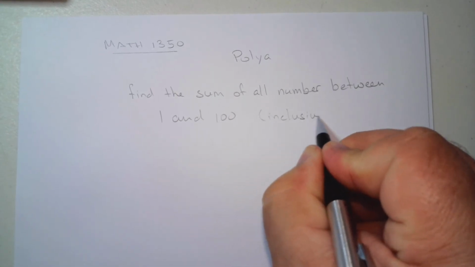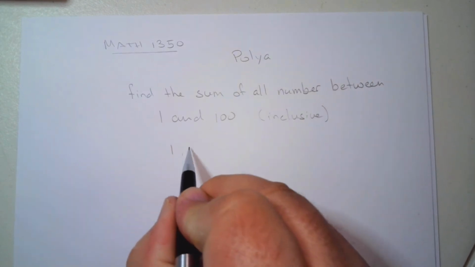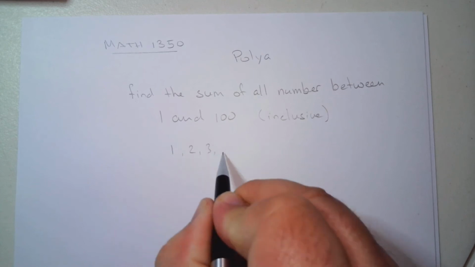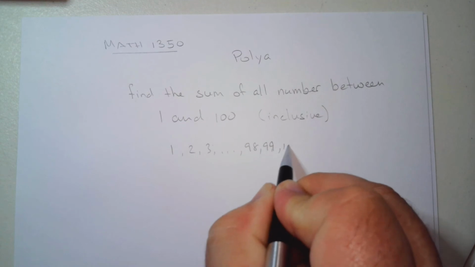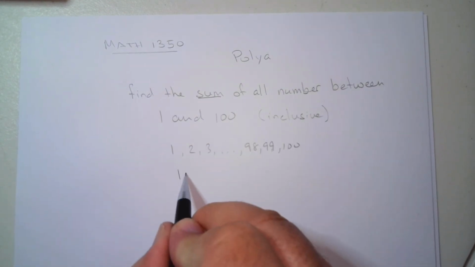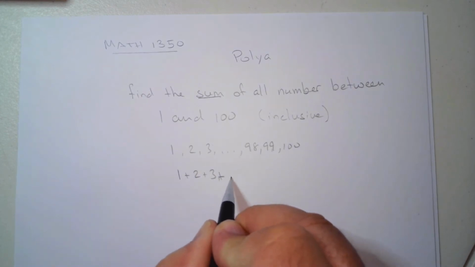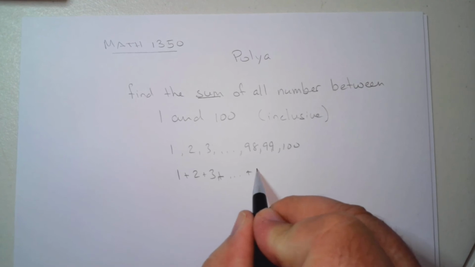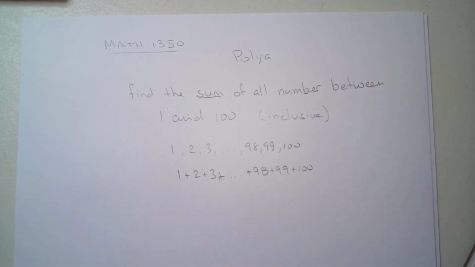That means we use 1 and 100. So what we're looking for is 1, 2, 3, 98, 99, 100. The sum means we have to add them up. So we have to add 1 plus 2 plus 3 plus everything up to 98 plus 99 plus 100.